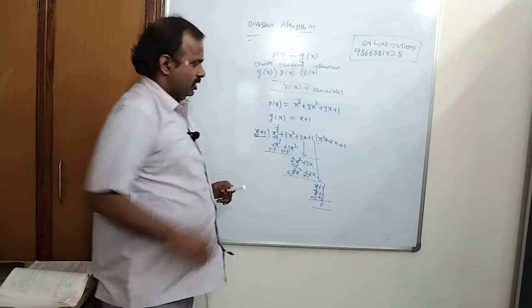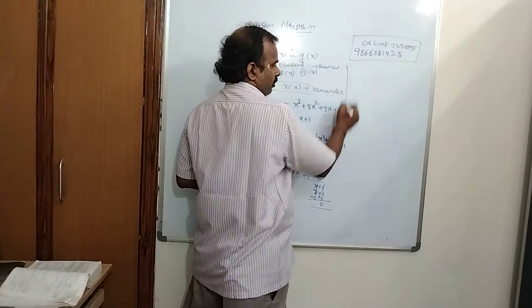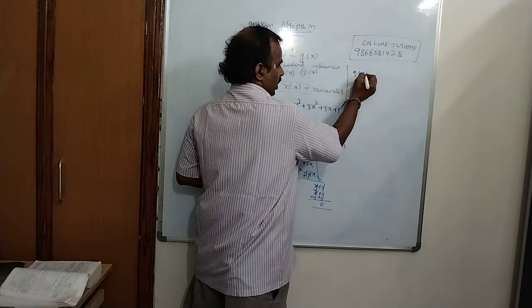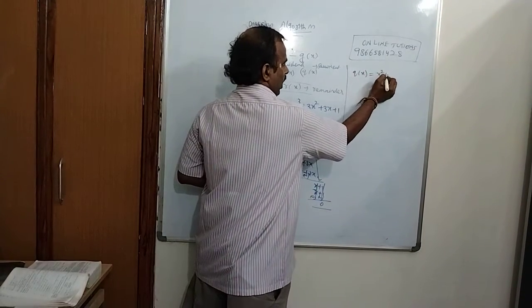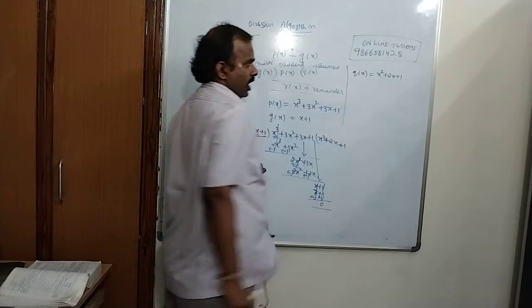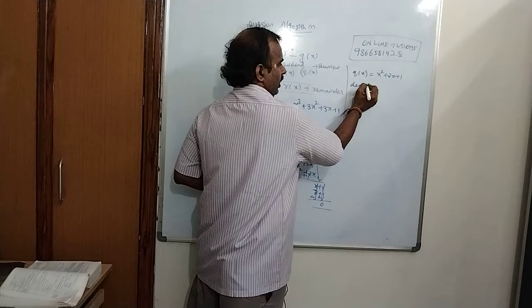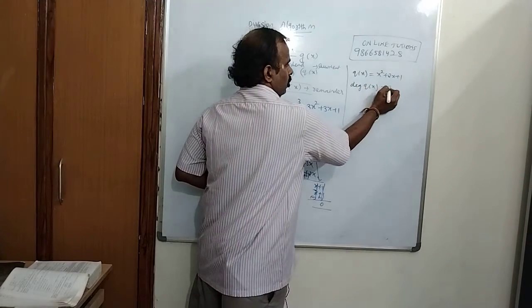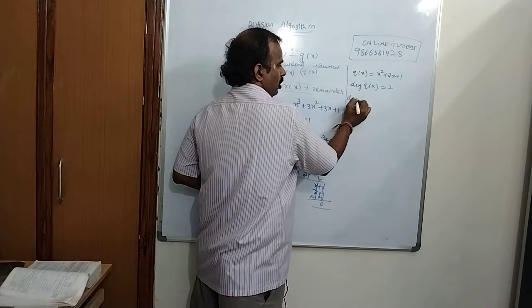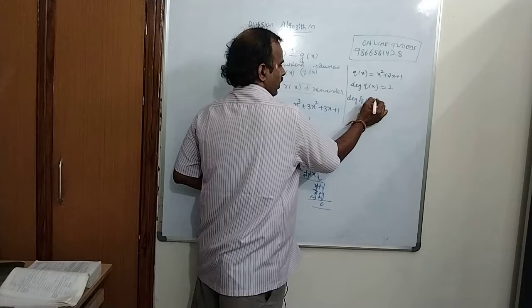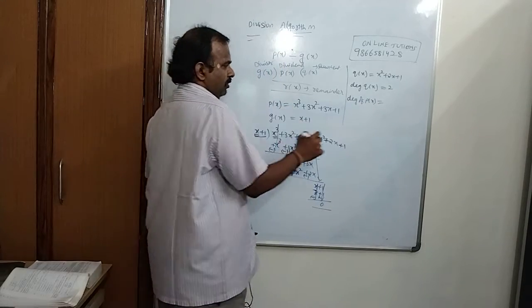Now see what is the quotient. Q of x is equal to x square plus 2x plus 1. Degree of Q of x is what? 2. So let us take this one as P of x.